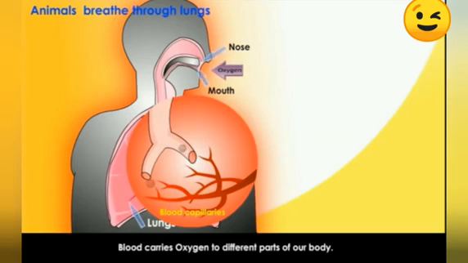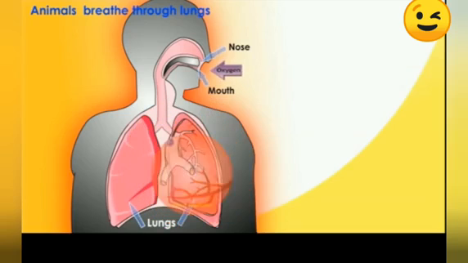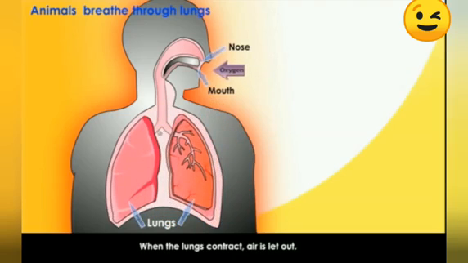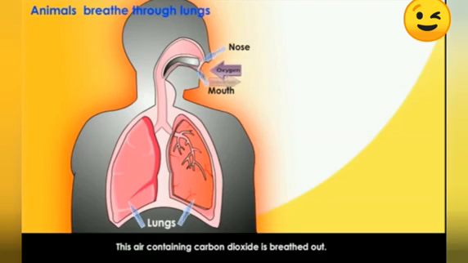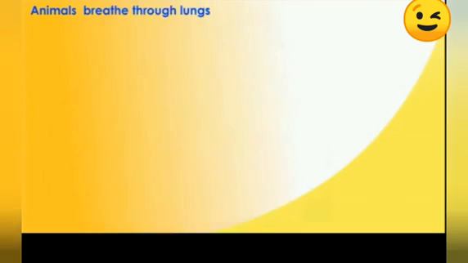Blood carries oxygen to different parts of our body. When the lungs contract, air containing carbon dioxide is breathed out.